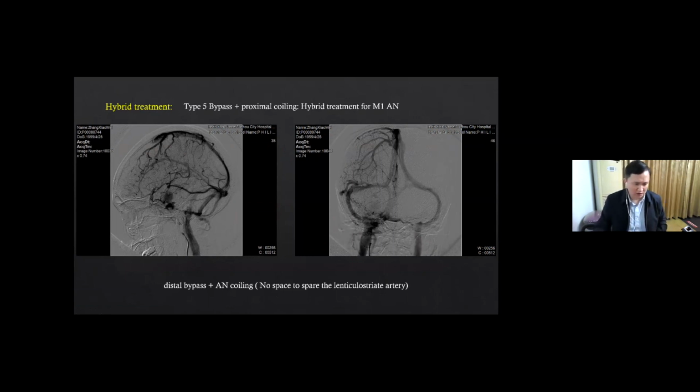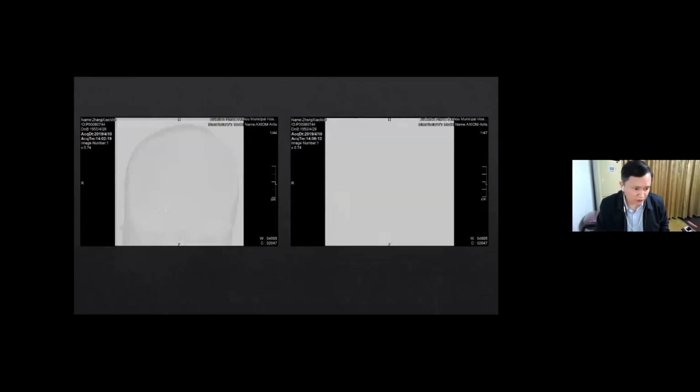So this is quite critical to treat the bypass and occlude the proximal end of the STA, MCA. So I use direct STA MCA double bypass. Then I close the aneurysm through the MCA M1.